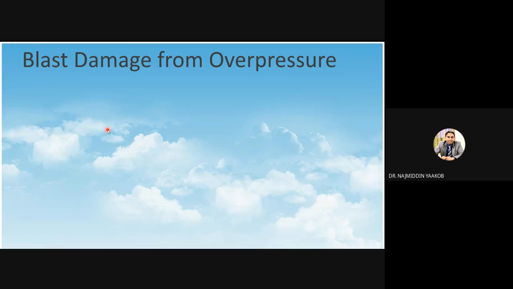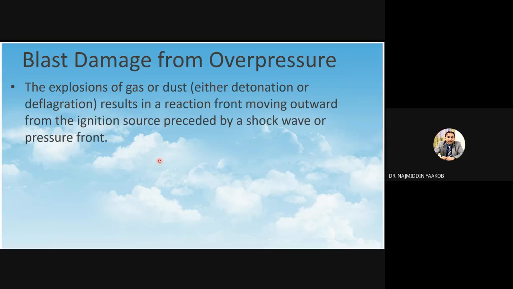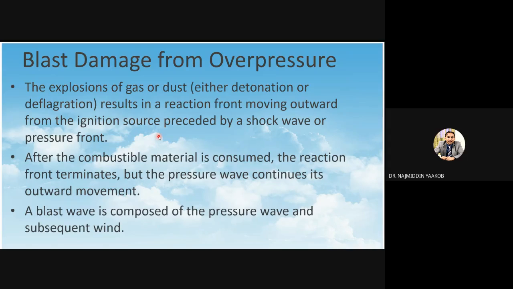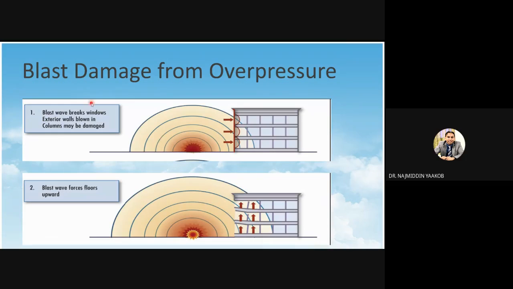Okay, blast damage from overpressure. We need to know what is the damage from the overpressure of an explosion. You can just read through this. For example, the blast wave breaks windows, and exterior walls are blown in. For example, this is the explosion, so it will break in the direction of the pressure here.